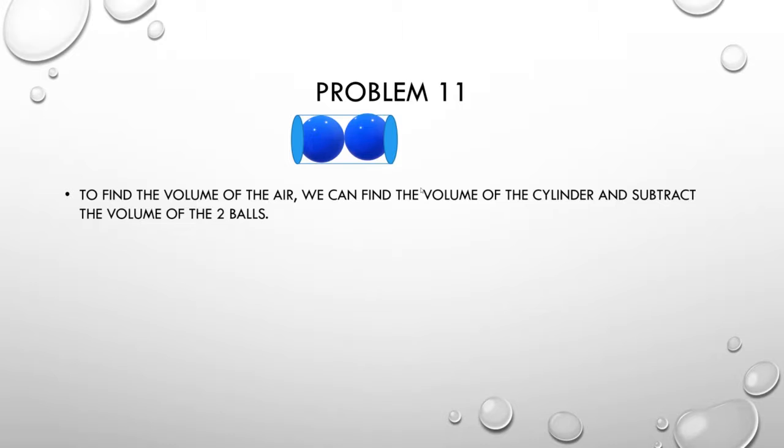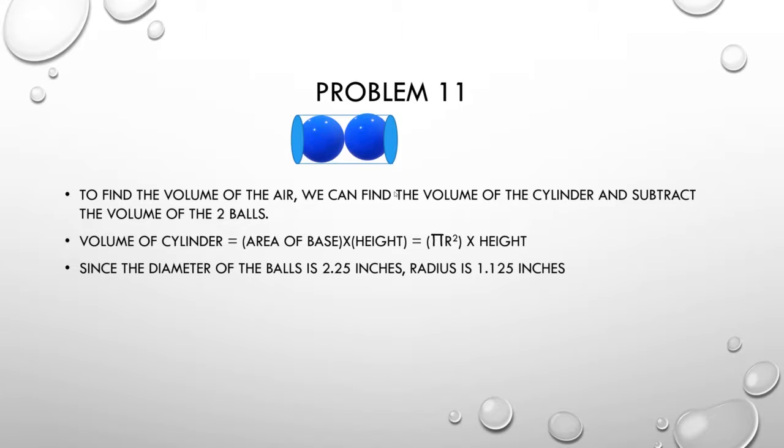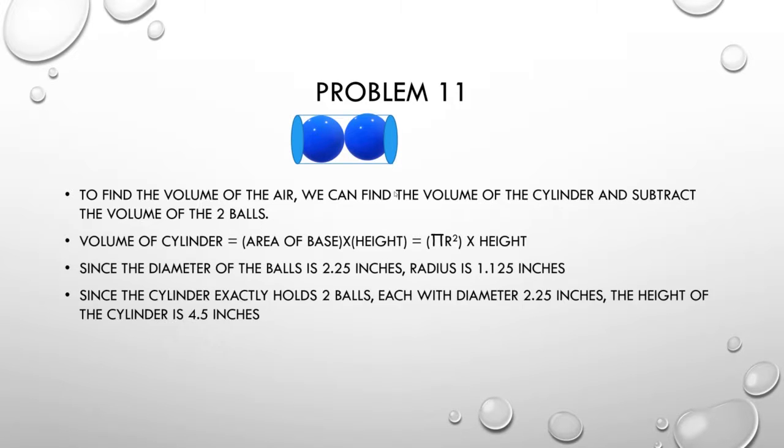To find the volume of the air, we'll find the volume of the cylinder and subtract the volume of the 2 balls. To find the volume of the cylinder, we multiply the area of the base times the height. The base is a circle, so its area is pi r squared. Since the diameter of the balls is 2.25 inches, the radius is 1.125 inches.